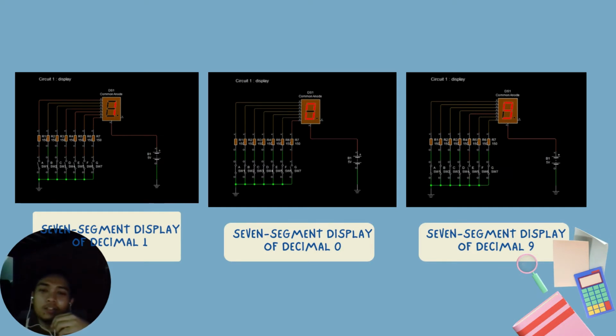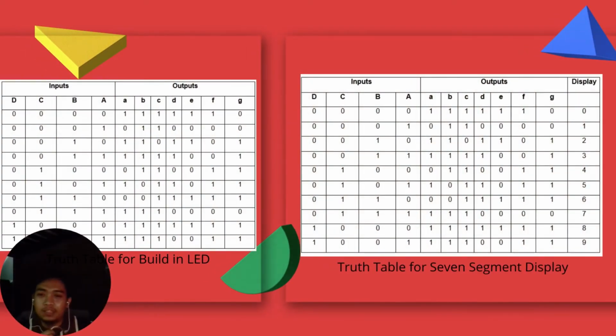And number 3 is the 7-segment display of decimal 9. The next one, these are the truth tables that were constructed, and also the data that was collected is recorded here. The first one is the truth table for built-in LED, and the second one is the truth table for 7-segment display.